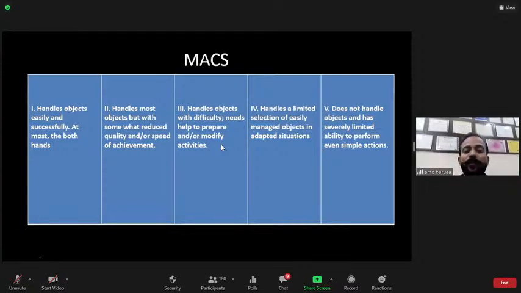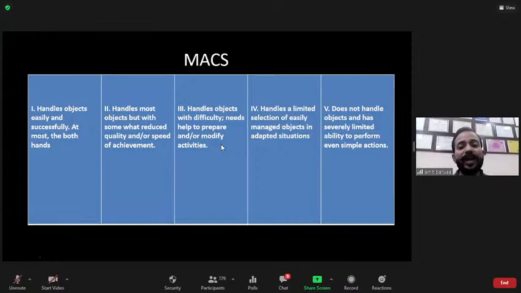What about level 4? Level 4 is talking about they can use some objects, like what we use in OT, some kind of adaptive devices, the big handle cups or the spoon with wider grip. So they can use them, but with limited objects only, or they have their own adaptive equipment, then only they can use it. They can't use generalized things.